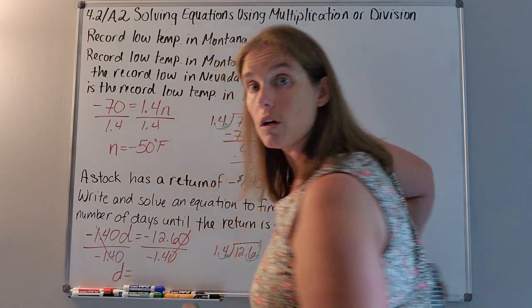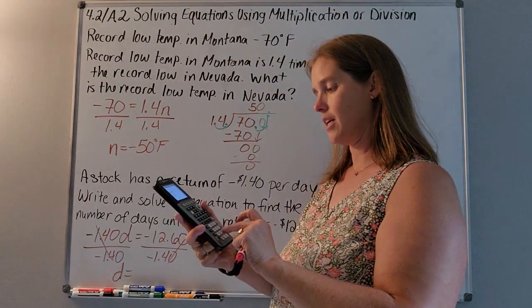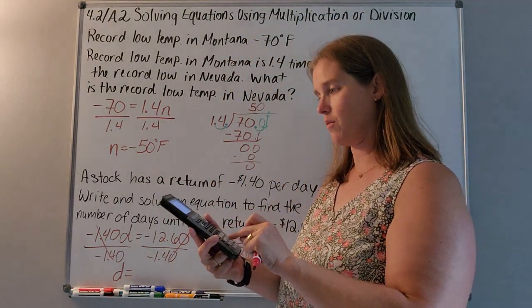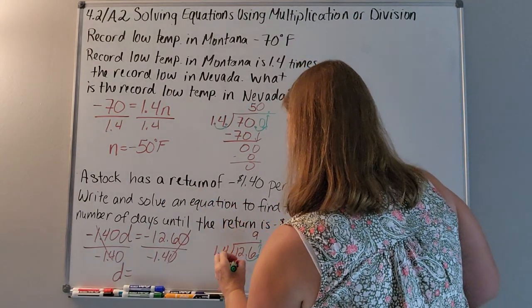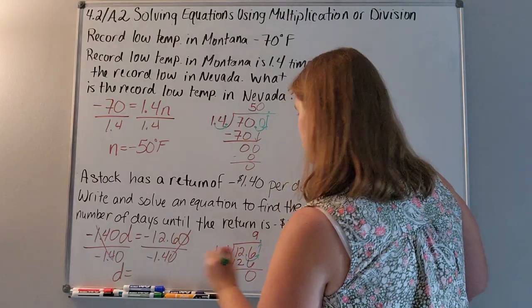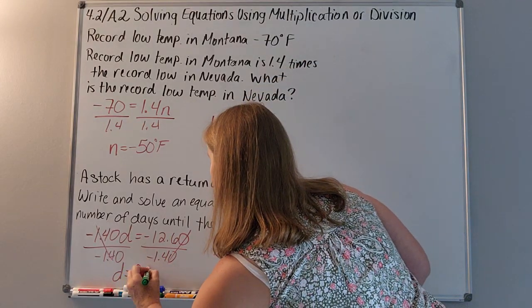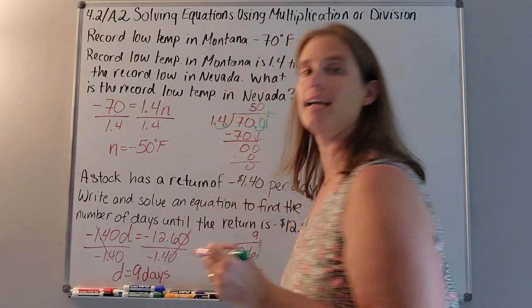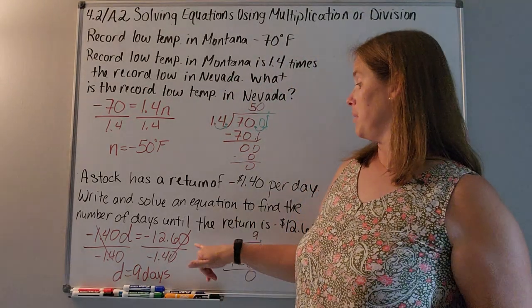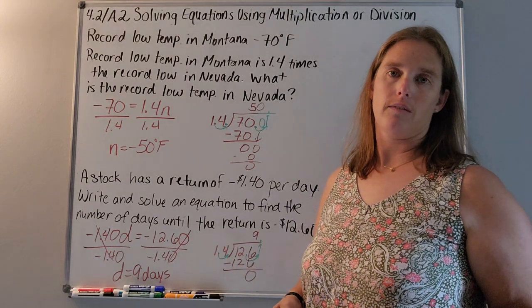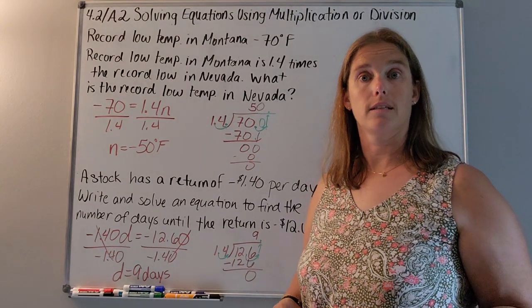Well, if you're not sure, grab your calculator, handy tool to help you. 126 divided by 14. Ooh, goes in evenly, it goes 9 times. 9 times 14 is 126. That's 0, so that means D is equal to 9 days. It'll take 9 days for it to be worth negative $12.60 or have lost $12.60.